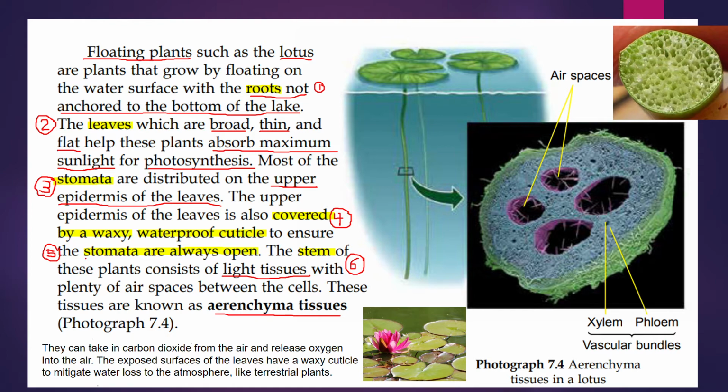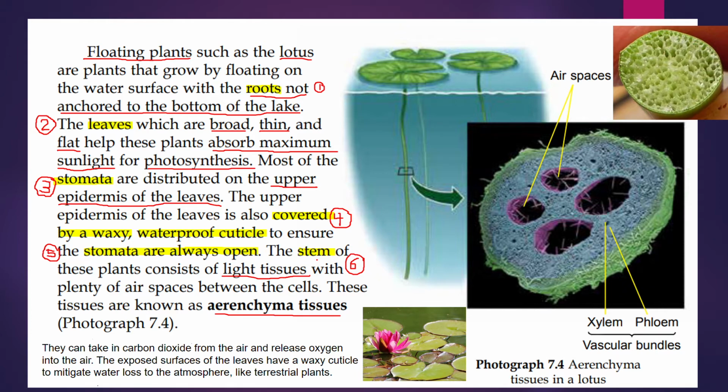And also to ensure that the stomata are always open for the gaseous exchange. Okay, jadi tidak risau juga dia selalu terbuka. Kita cakap, will there be excessive water loss? Okay, isu ini telah diselesaikan dengan kehadiran the waxy waterproof cuticle.